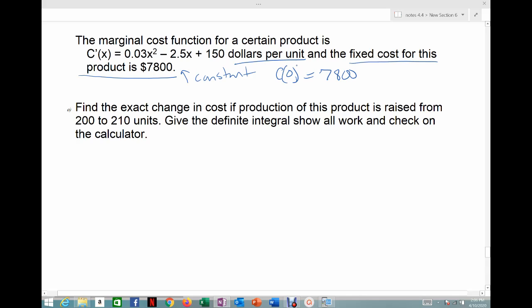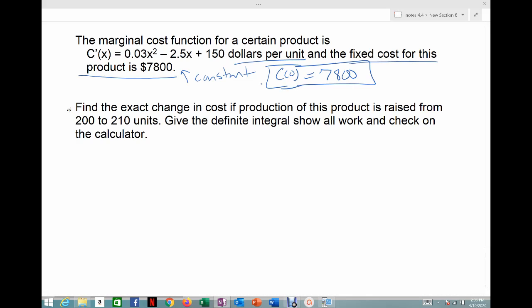So when I plug 0 in, that's how much it's still going to cost me. Or I know that's my constant if I have to use it. It's an initial value. If you think back to the initial value problems, now I can solve initial value problems using the fundamental theorem of calculus. That's what we're going to get to in this example.